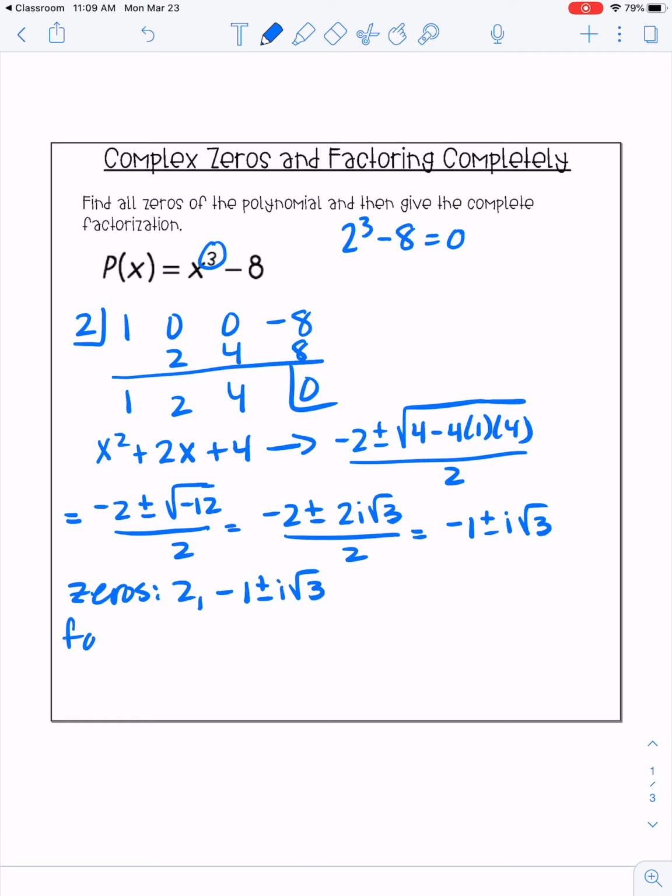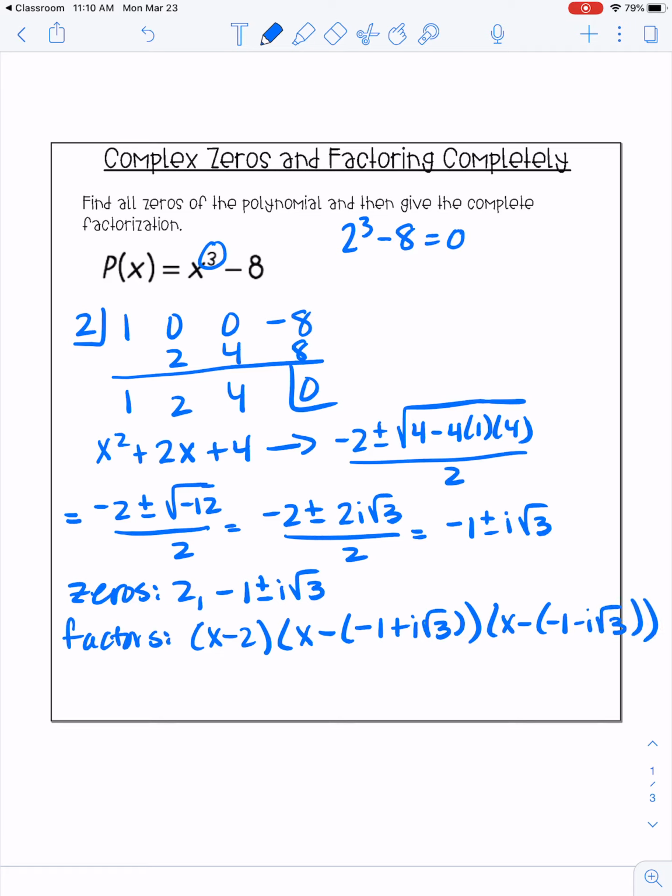My factors are x minus 2. And remember, it's always x minus my 0. So my second one's going to be x minus negative 1 plus i radical 3 and x minus negative 1 minus i radical 3. So I can simplify these.